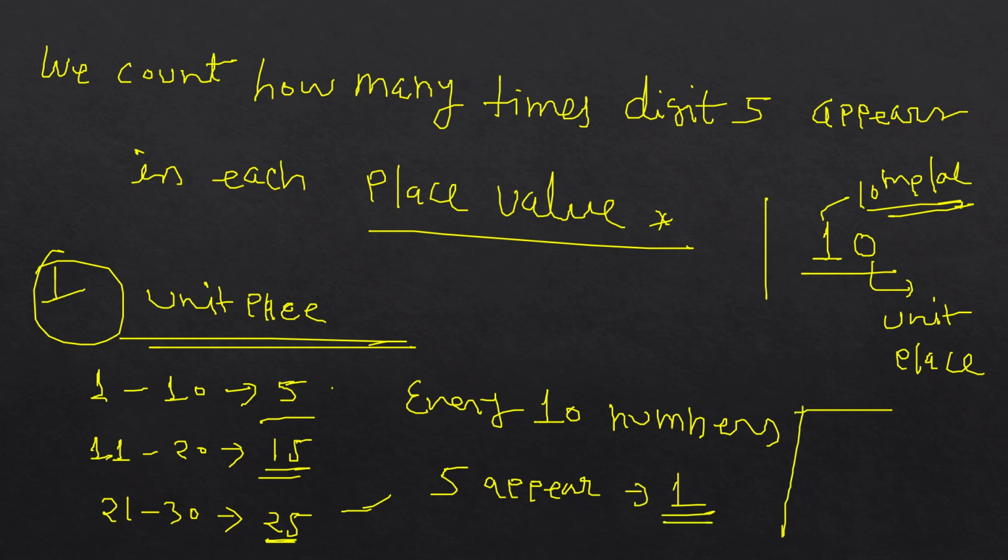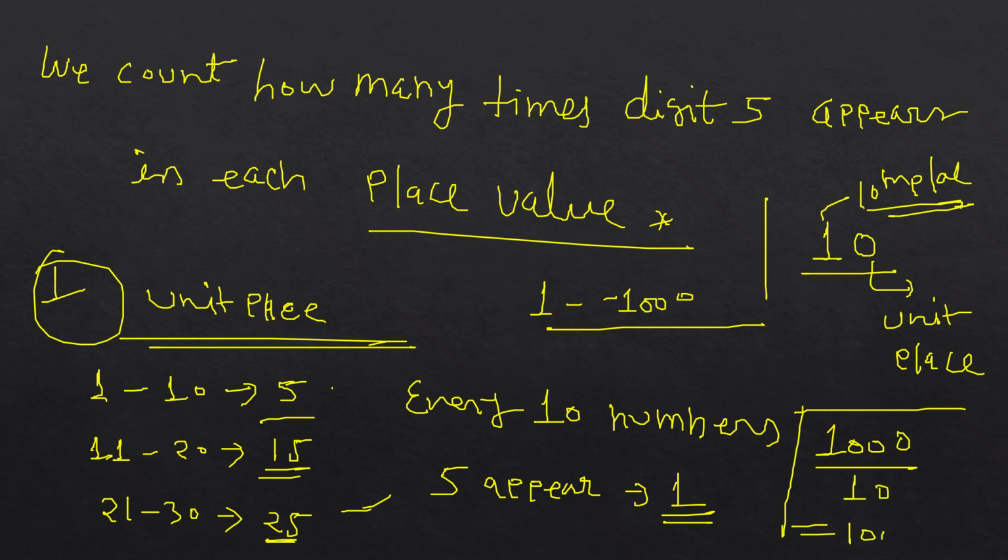In a similar way, we have a total of 1 to 1000. So in 1 to 1000, a total of 100 times 5 appears at the unit place. Okay, this is the first case.